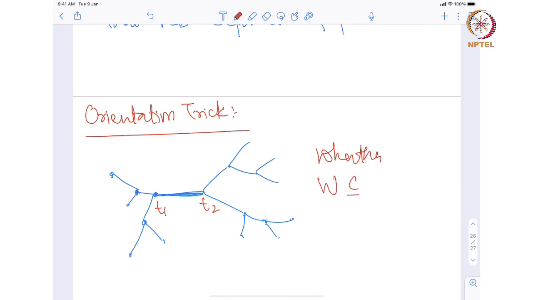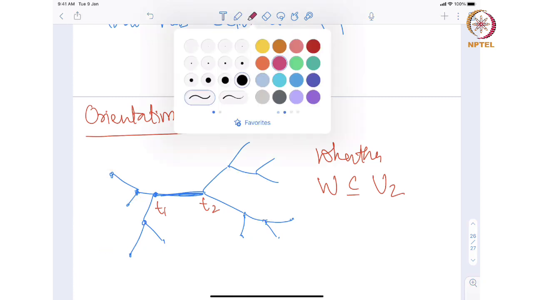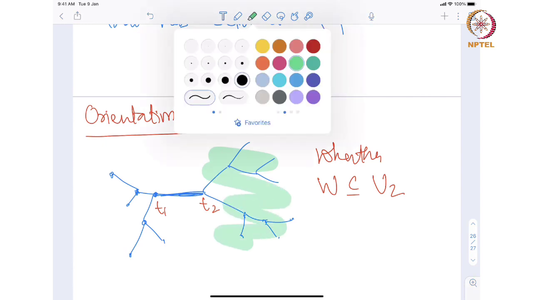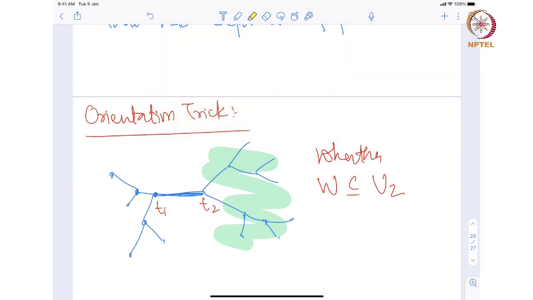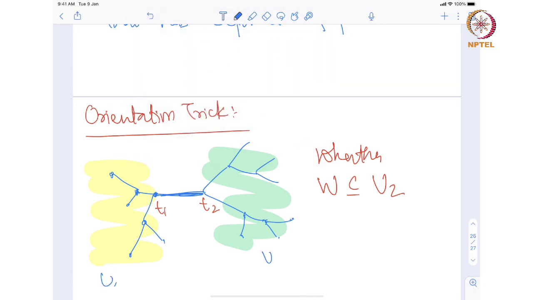W is a subset of, say, U2. Remember what was U2? U2 was the union of all the vertices here, and U1 was the union of all the vertices here. So this is my U1 and this is my U2.